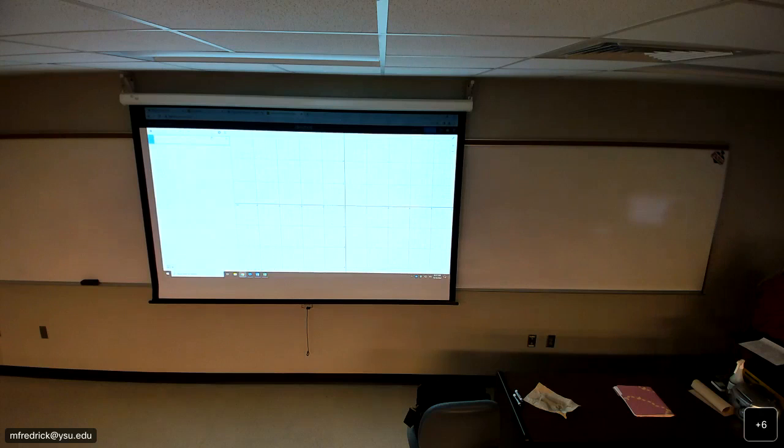Now for the scatter plot, click the plus sign and go down to table. So it's a plus sign and table. And then you'll add your data.